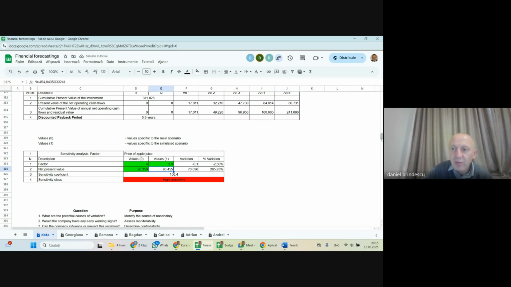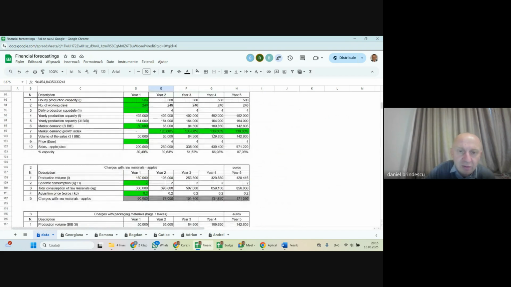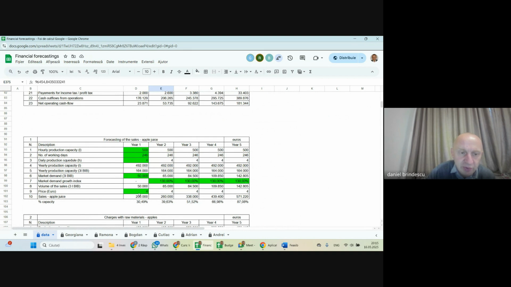Now I'm going back to the table where I've estimated the revenues from selling apple juice, and I'm decreasing the price to 3.9. Of course, my cells are connected.